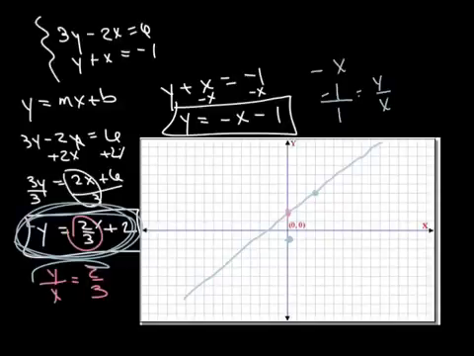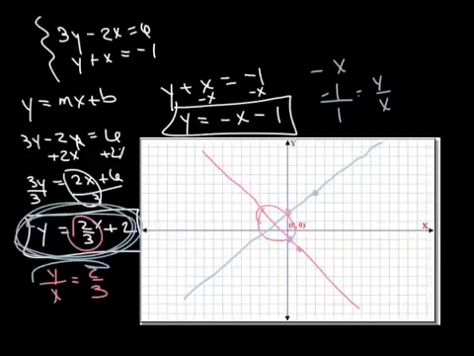So I start at, again, my y-intercept, negative 1, and I go up or down 1 for y, and left or right 1 for x. Because that's negative, I have to go down 1, and then because this is positive, I go to the right 1. So I go from my y-intercept, down 1, negative, over 1, positive, and I get a point right there. And I draw a line.